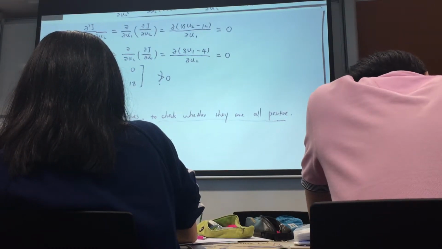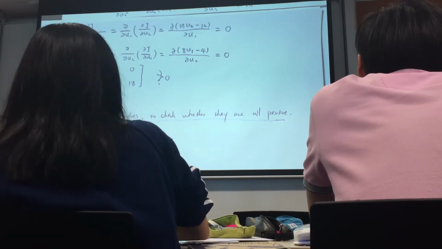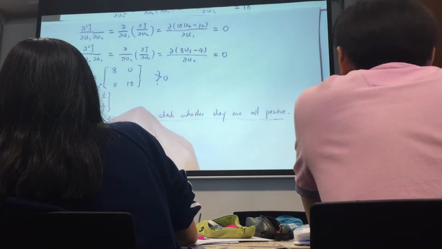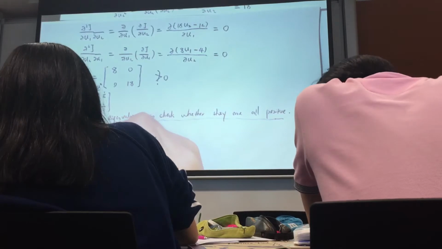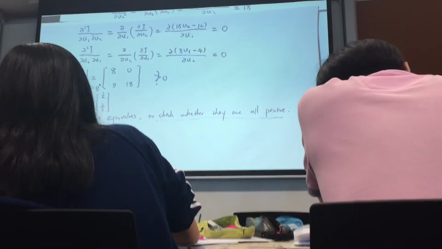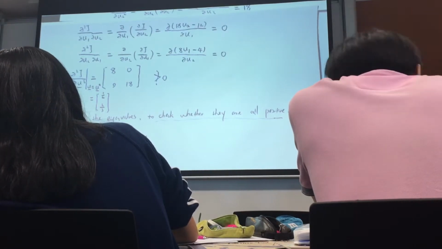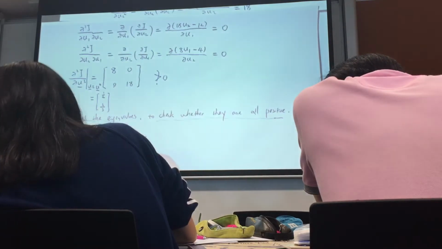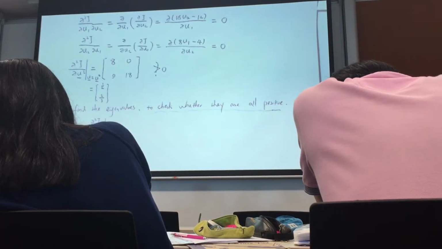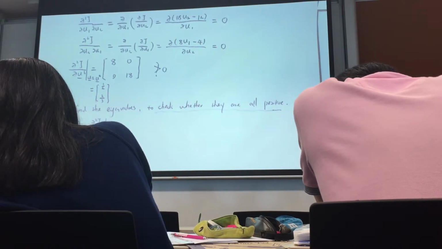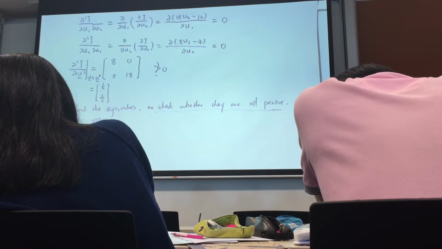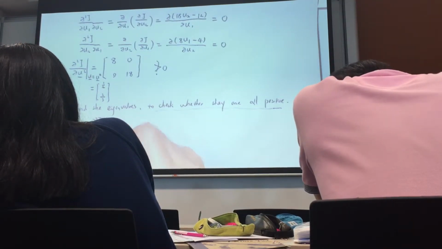To find the eigenvalues, we evaluate the determinant of lambda I minus this matrix, d²J du². For the identity matrix, we know it is easily defined like this: 1, 0, 0, 1. The dimension of the identity matrix is determined by the dimension of this matrix, which is 2 by 2.